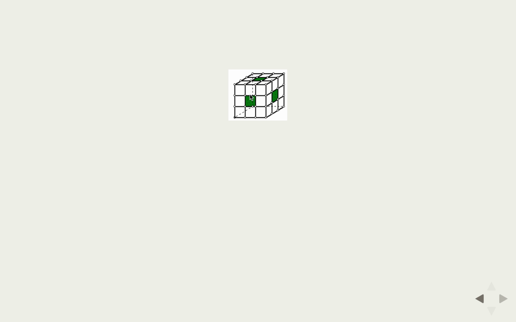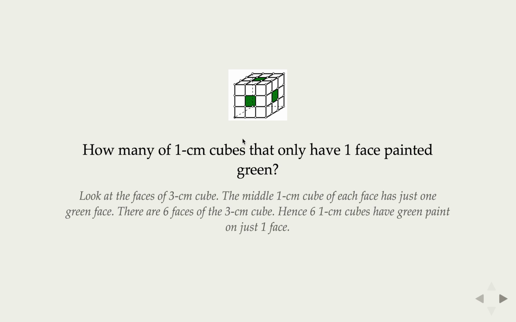And the center one has only one face painted. And we know that the bigger cube has six faces. So each center one has one face painted in green. So the answer would be 6 in this case. All right.